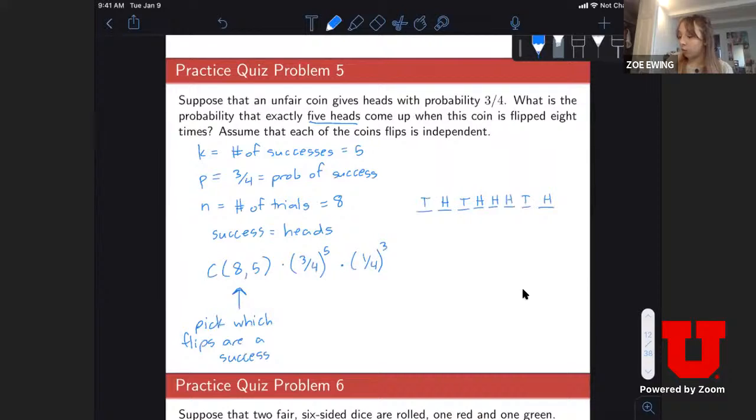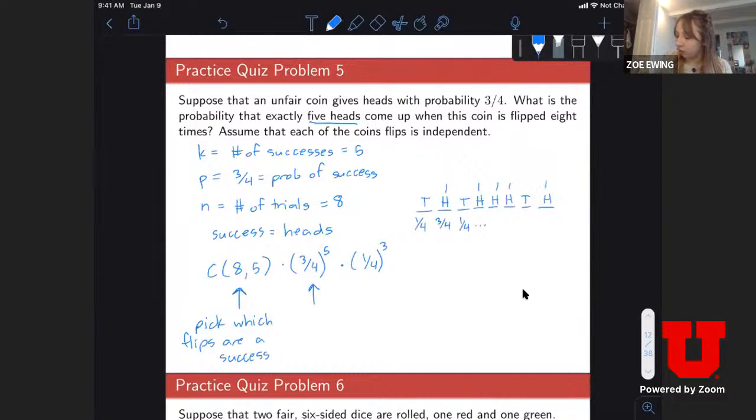So now we are basically saying, okay, we've picked what each of them are, but each of these has a distinct probability, which is 1/4, 3/4, 1/4, and so on. So we end up having 3/4 to the 5th because there are 5 H's that are giving us 3/4.